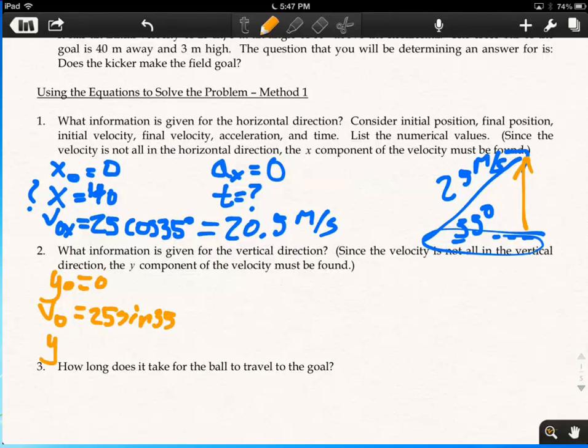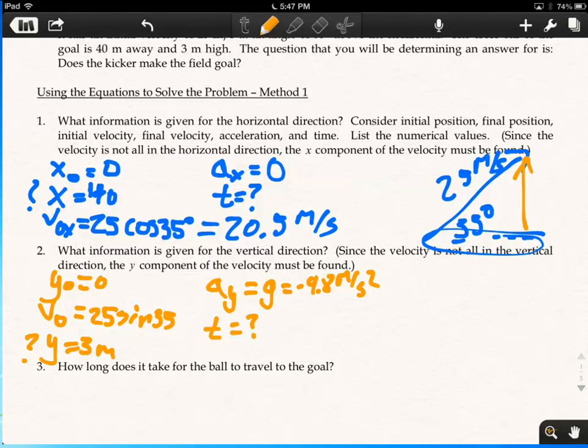Final position, again, it said the goal is 3 meters high. That doesn't mean the ball has to be there, but we're hoping it is. Okay, so I'm going to put that. Final velocity, don't know it. Acceleration in y, well, that's gravity, so negative 9.8 meters per second squared because it's pulling down. And I do not know a time in this direction either.